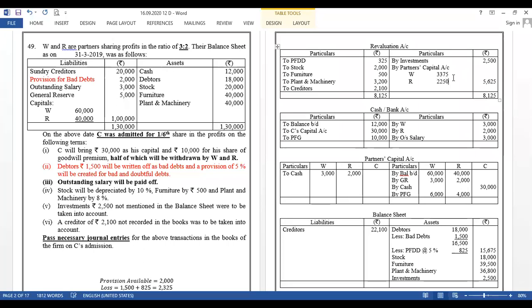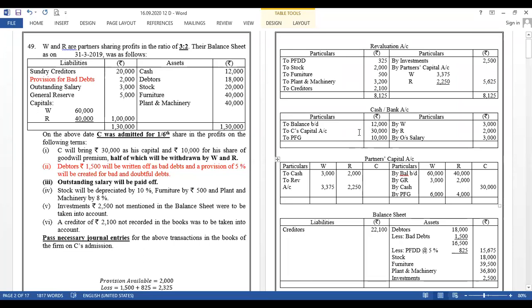Now, because this is a loss, the loss has to come to the debit of the partners' capital. You can see that I'm writing now to revaluation account. This is 3,375, and this is 2,250. The loss has been transferred over here.